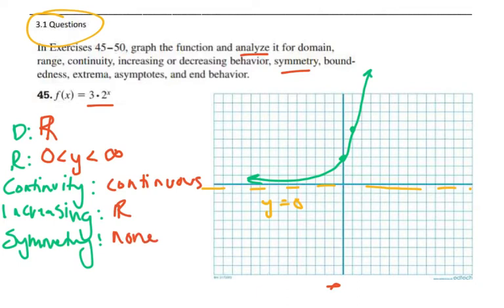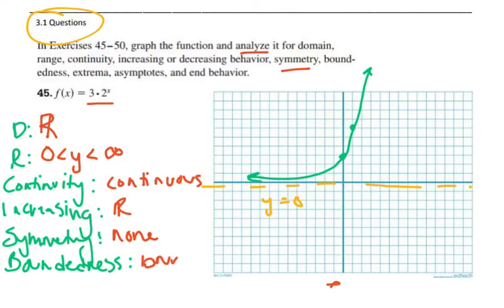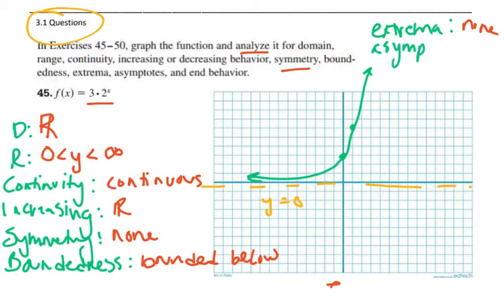It's bounded below at that y equals 0 horizontal asymptote. Its extrema do not exist, because that would mean it has a local minimum or maximum, which it doesn't. And then its asymptotes: there is a horizontal asymptote at y equals 0, no other asymptotes.